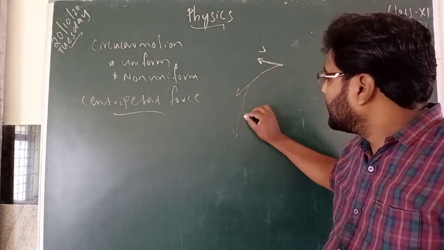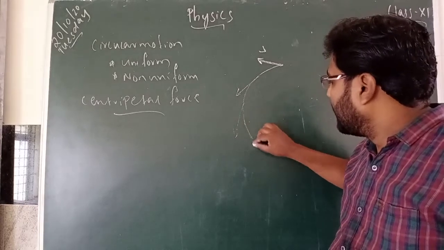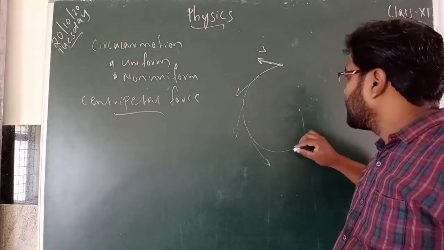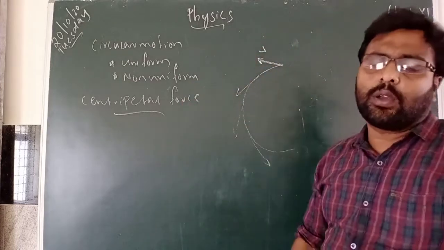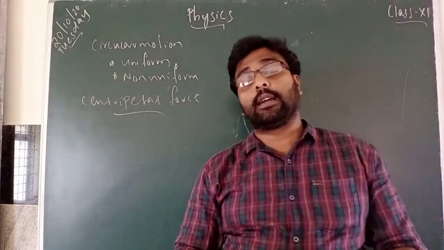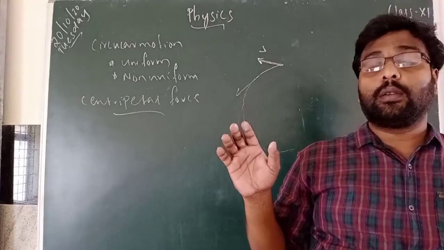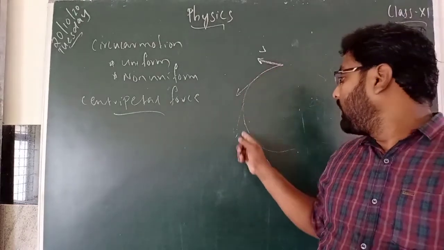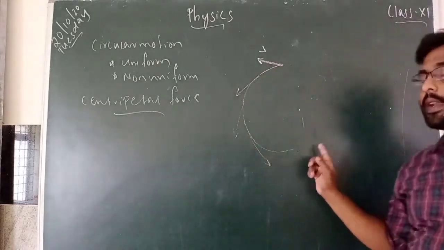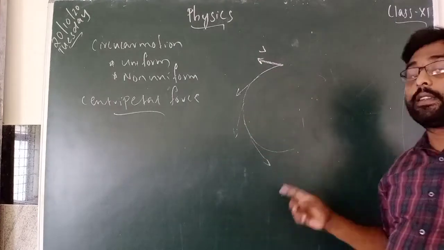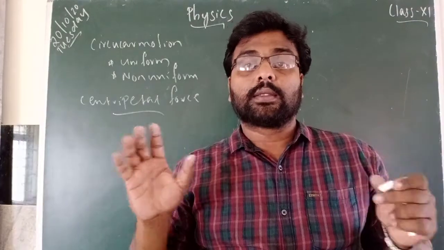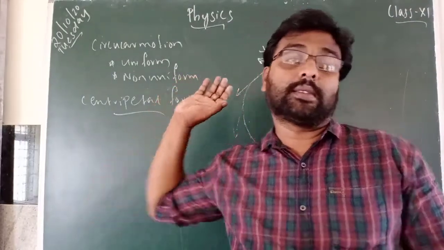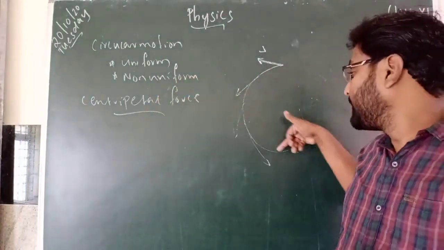Again the velocity is the same, and again the direction is changed. The velocity of the particle is not changed, but the direction of motion can be changed, and then we get a circular motion. This is what we call uniform circular motion.